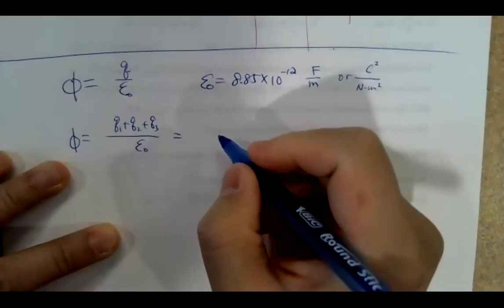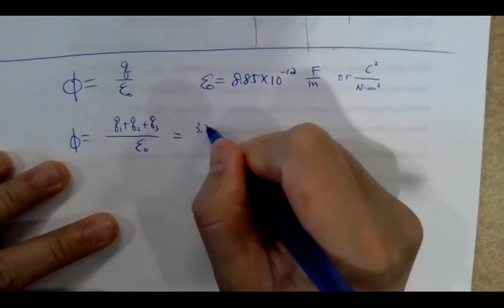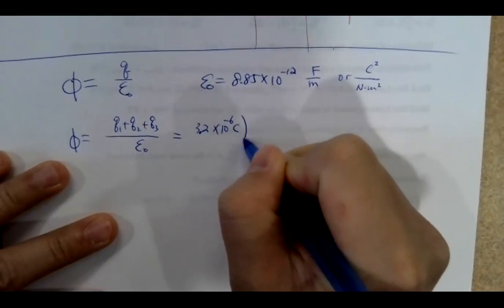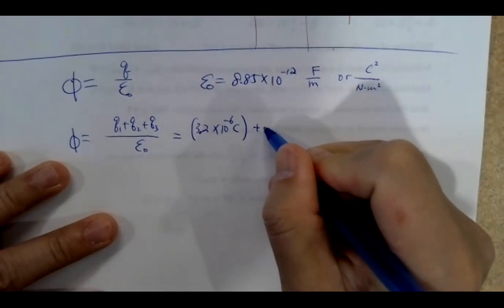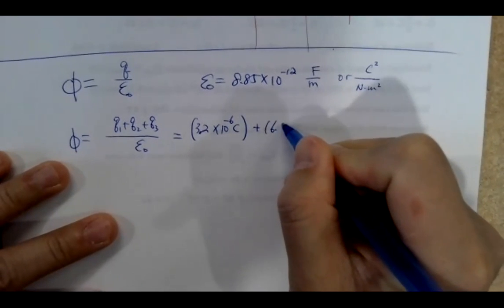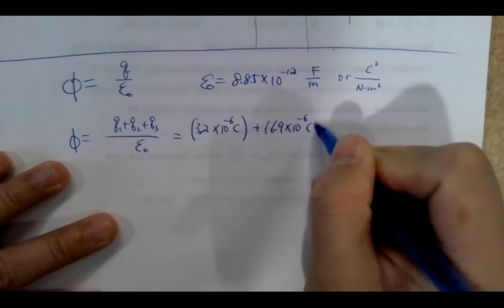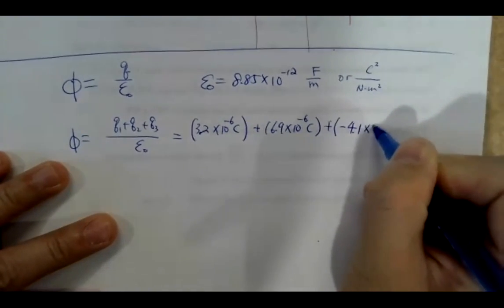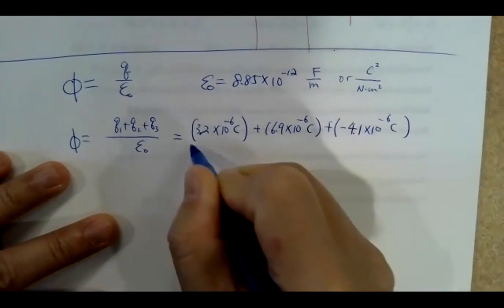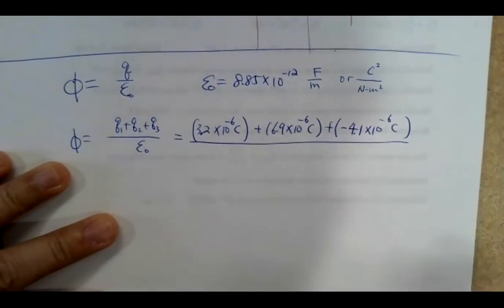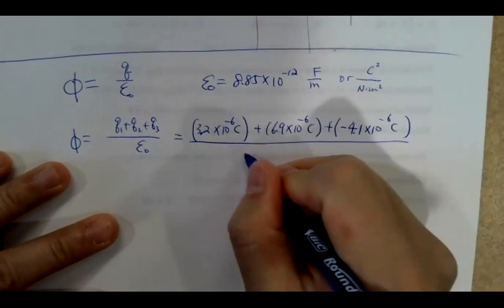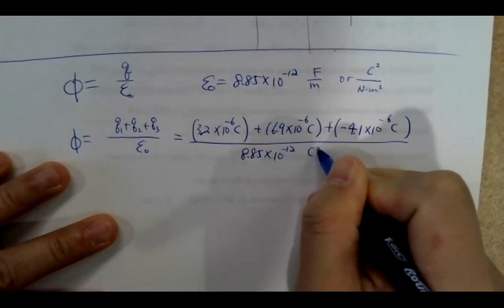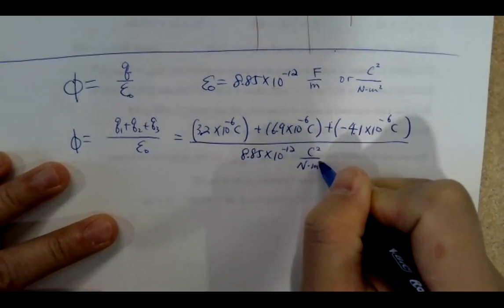So 3.2 times 10 to the minus 6 coulombs, the microcoulombs, plus 6.9 times 10 to the minus 6, and then plus minus 4.1 times 10 to the minus 6 coulombs. You keep the negative sign there. Divide by 8.85 times 10 to the minus 12 coulomb squared over newton times meter squared.